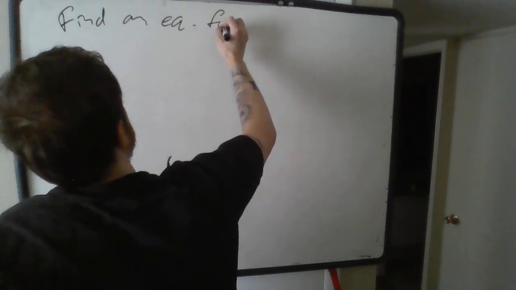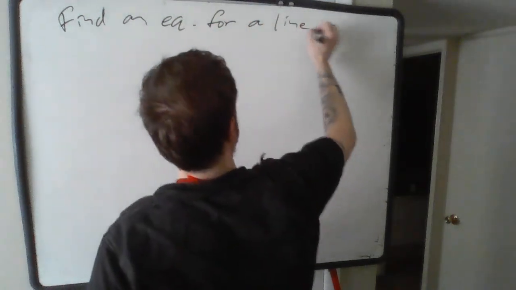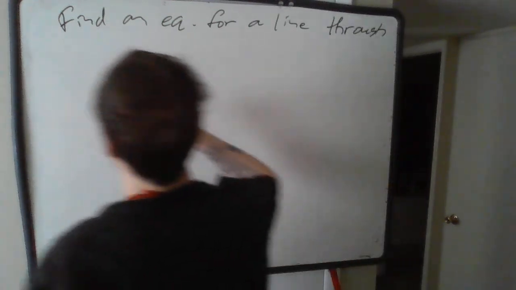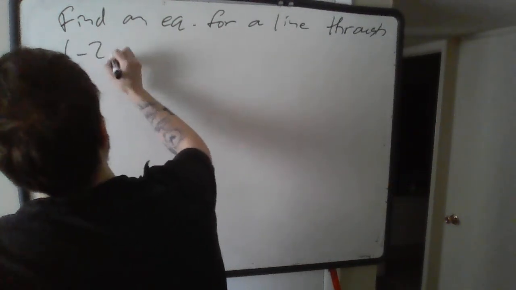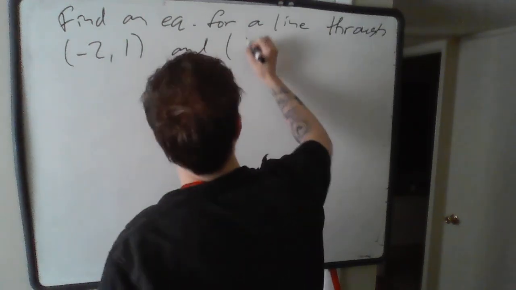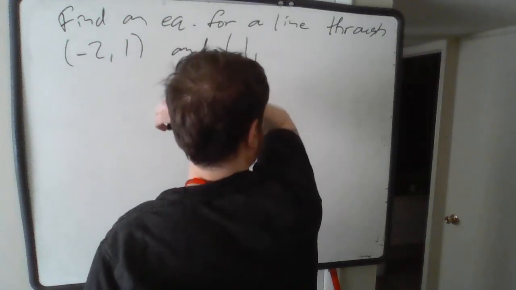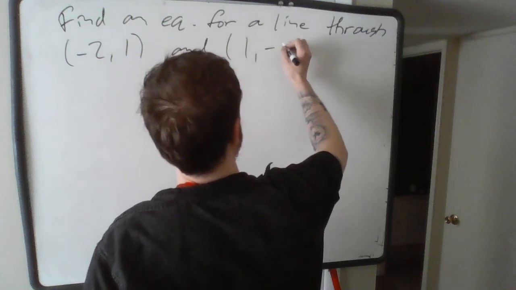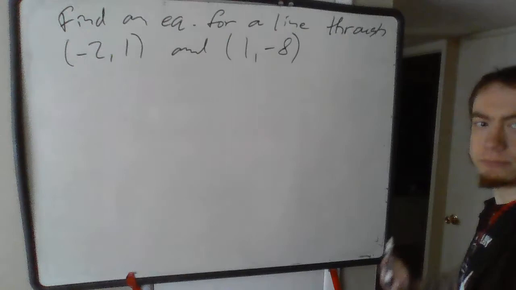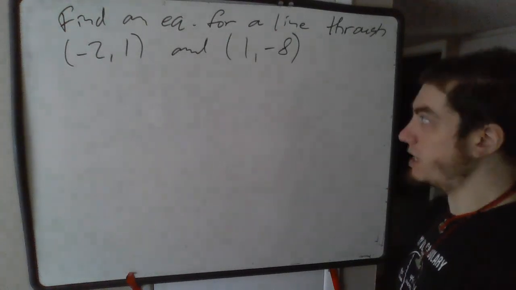an equation for a line through the points, let's say -2, 1, and the point 1, let's say -8. So how could we go about doing this?